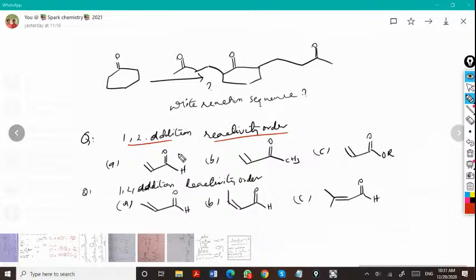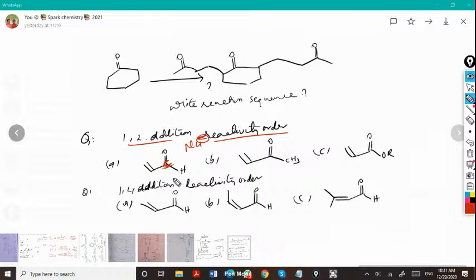Nucleophile should attack so that it can be called a nucleophilic addition reaction. When a nucleophile is going to approach, it should have an electron deficient center in the molecule. So the electron deficient center will be the carbonyl carbon.